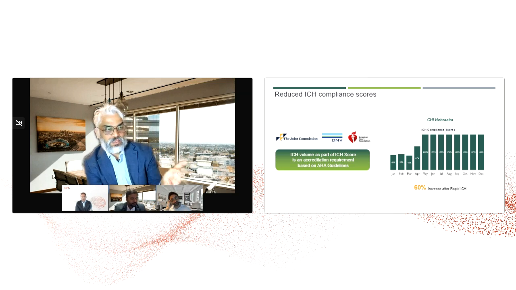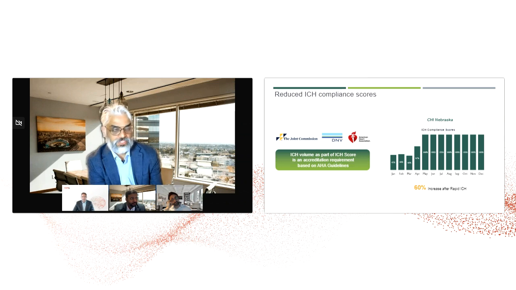Now, one of the key things in both Joint Commission and DNV, we had more than 500 gaps. Some of the gaps were easy to do, like writing protocols, but some of the gaps, like documenting appropriately the ICH score, that is one of the few metrics in the stroke core measures, comprehensive core measures.